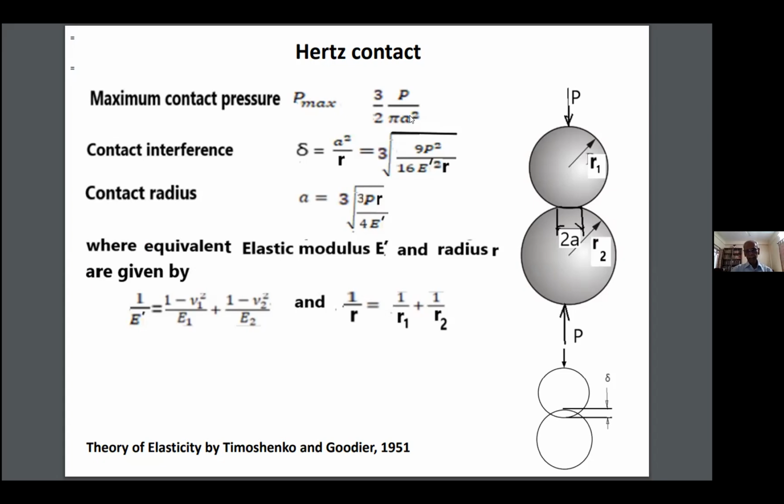So it is 1.5 times the nominal pressure. The nominal pressure one would expect is P by area, and the area is pi a square, but it is a bit more than that.